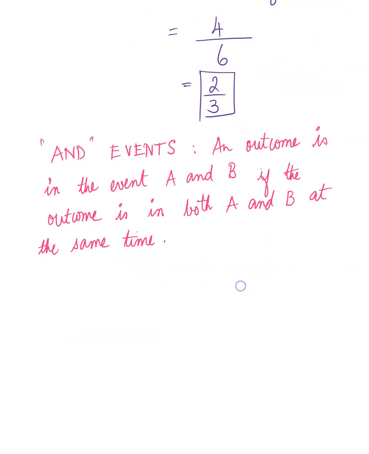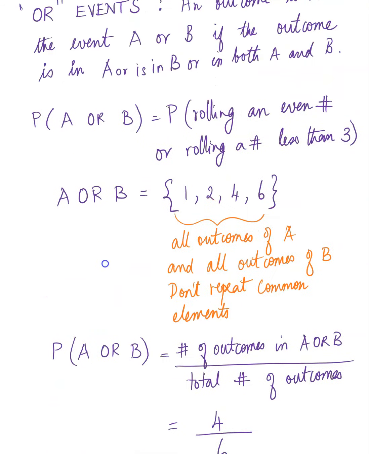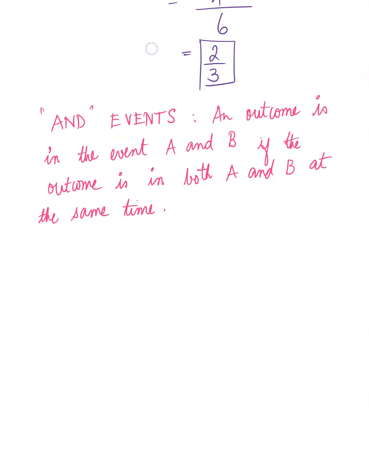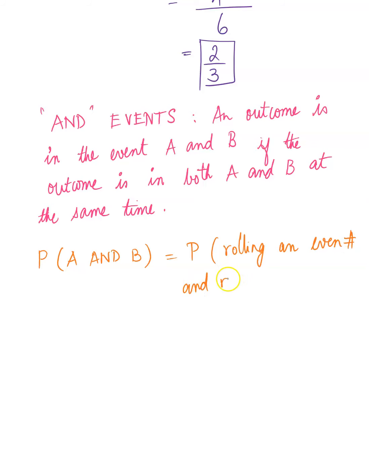So let's take the same A and B events here that we defined, right? A is rolling an even number and B is rolling a number less than 3. So let me write this out here. Probability of A and B is the same as saying probability of rolling an even number and rolling a number less than 3. So if you think of this, let me write the A and B again.